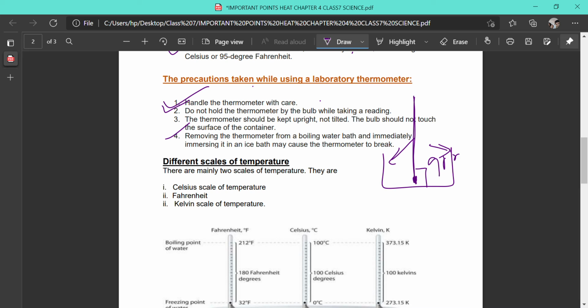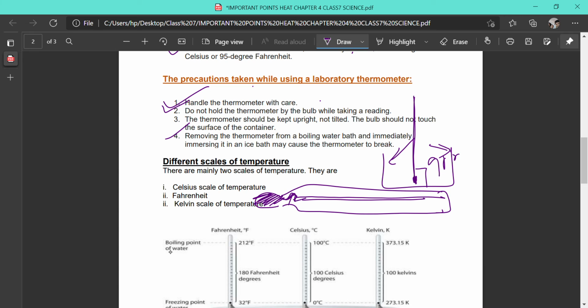Again, in case of the clinical thermometer, there is a kink, there is a bending. If this is the bulb of the thermometer and this is the glass body, then in the mercury tube of the clinical thermometer there is a bending. It is known as kink, K-I-N-K. Due to this kink, what happens?